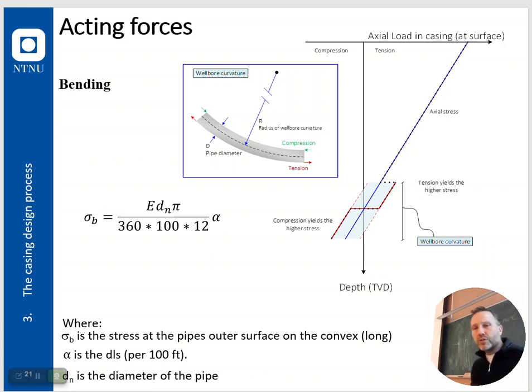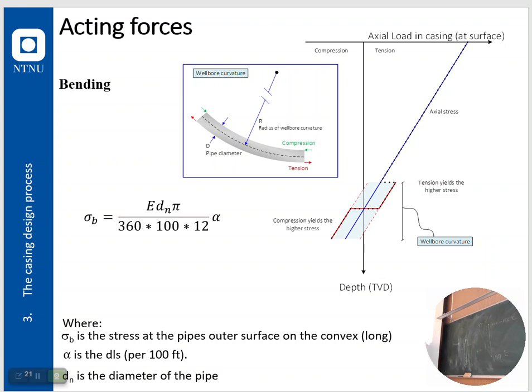If you bend a piece of pipe, you'll see a curve like this. Typically, the blue line that we see there, this is the depth. This is the typical torque and drag curve that we see.